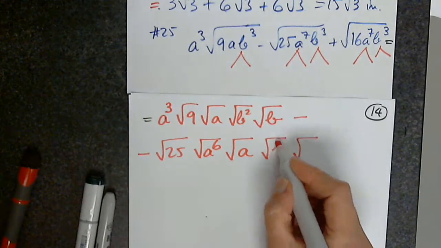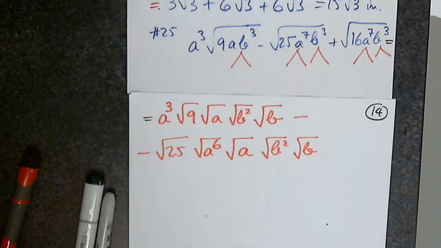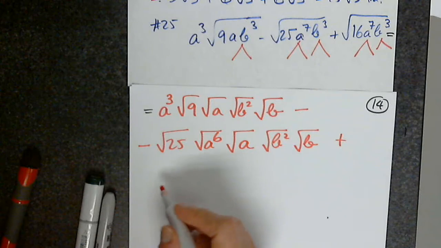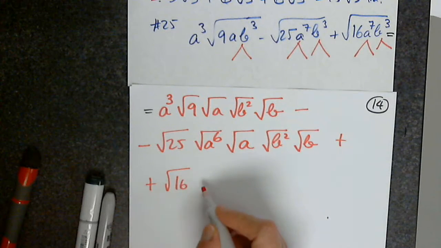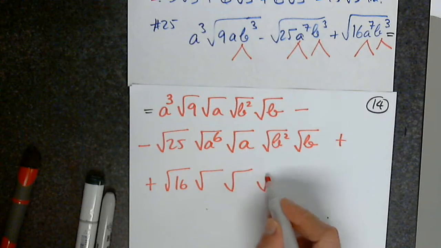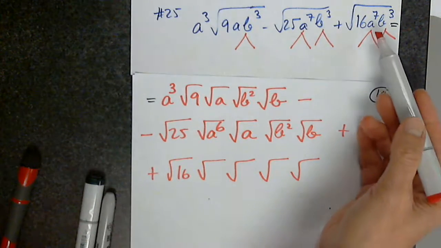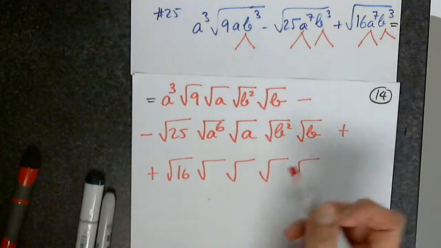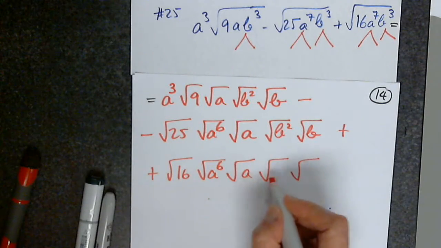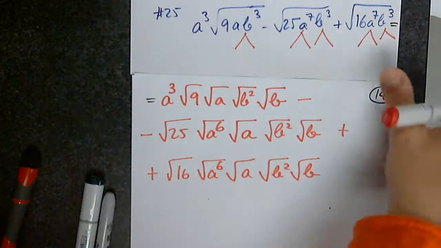And the same thing with b, b squared and b. Plus the last one, square root of 16, same thing with the square root of a to the 7th, a to the 6th a, and then b squared and b.